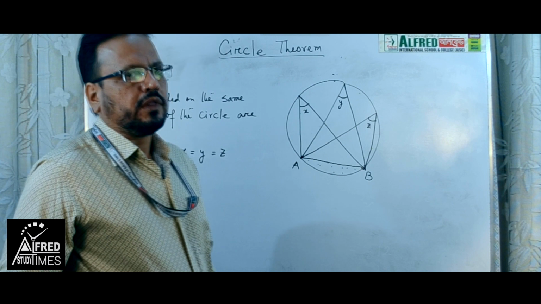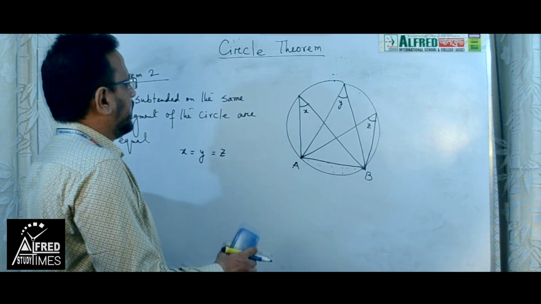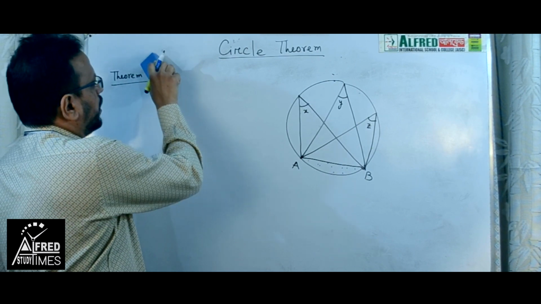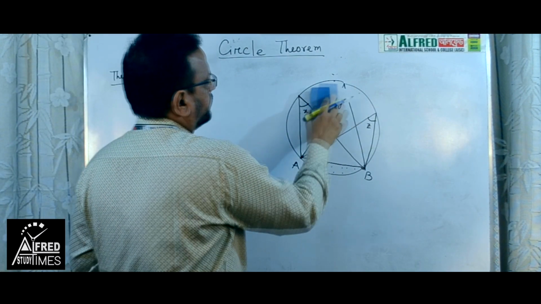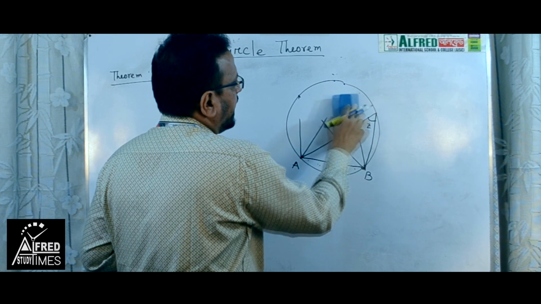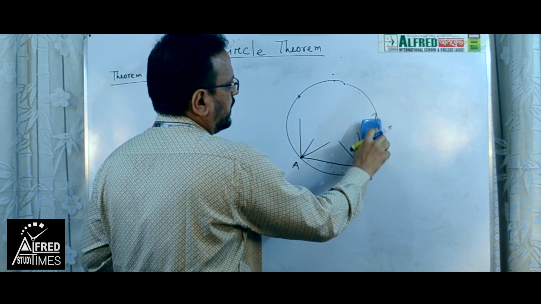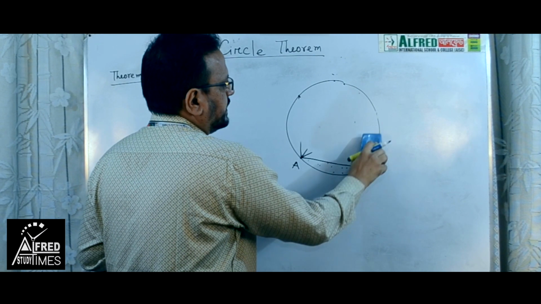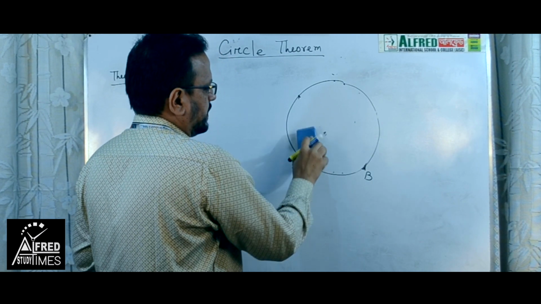Now I am going to theorem number 3. Theorem number 3 says that angle subtended on a diameter of a circle, I hope you know what is diameter. Diameter is twice the radius.